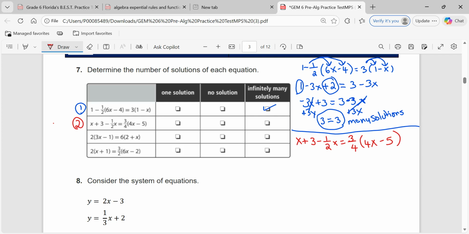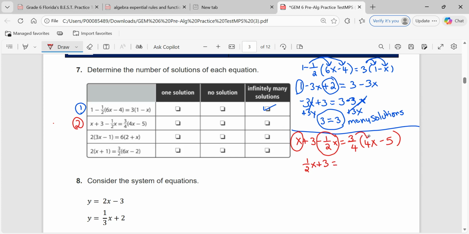And then we're going to go ahead and start simplifying. The left, I have x plus 3 minus 1/2 x. Well, x and negative 1/2 x, those are like terms. 1 minus 1/2 is going to give me 1/2 x plus 3.